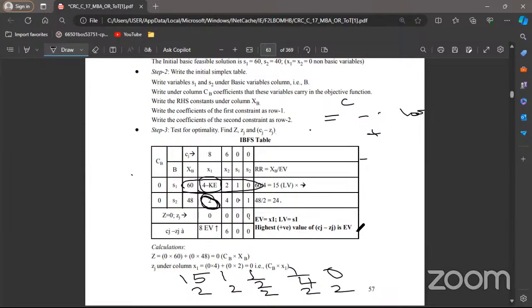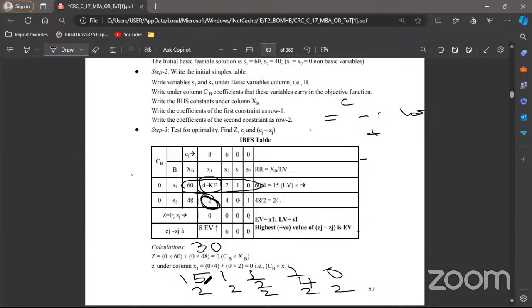Key column value multiplied by new key row values. Can you tell me the answer? 30? 15 into 2 is 30.